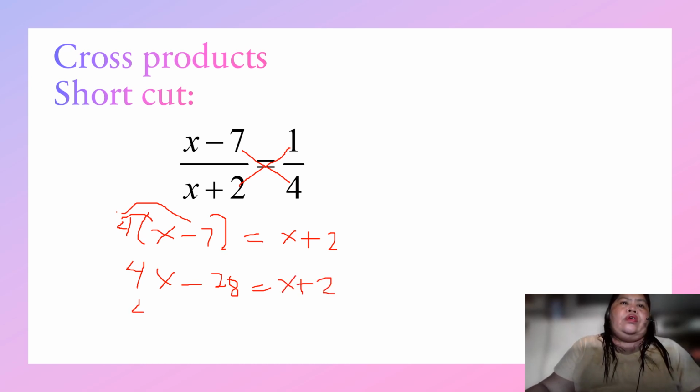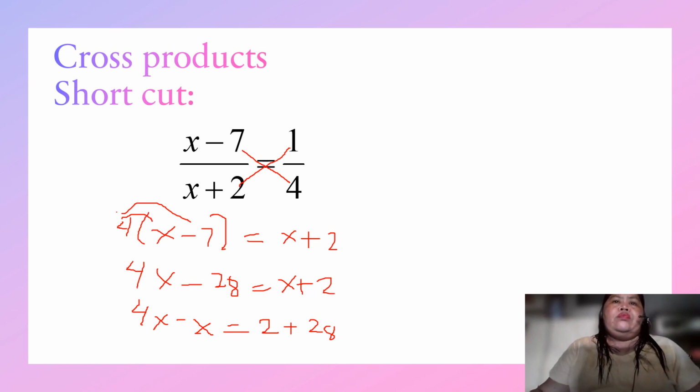So we get 4x minus x is equal to 2 plus 28, no? Because when you transpose, according to the addition property of equality, what you add on one side, you also add on the other side. That's why they are cancelled, no?